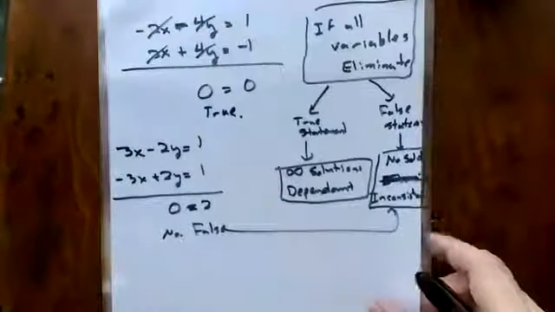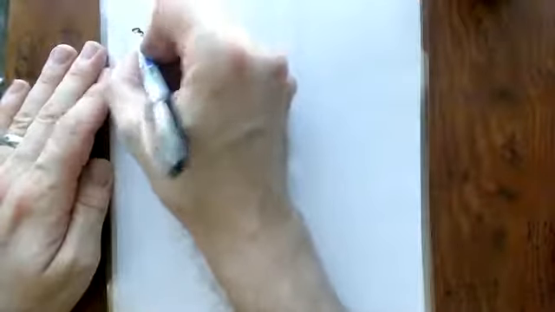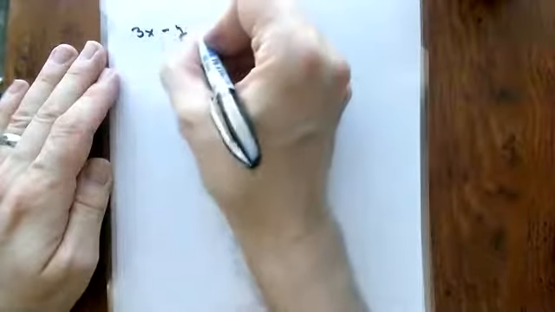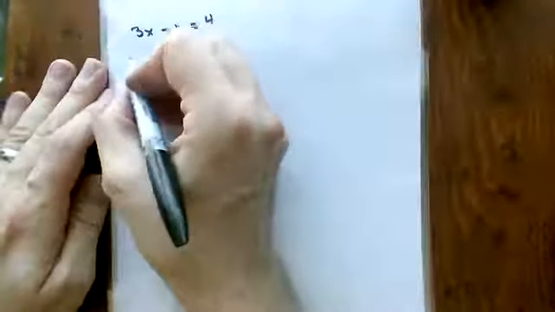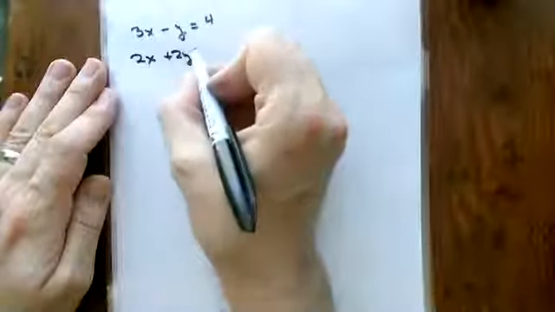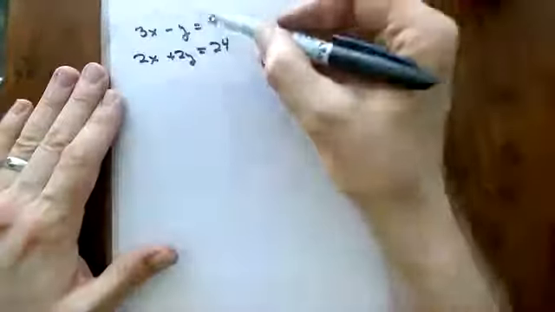Our last thing that you're going to run into is some cases where before you even get started, you're going to need to do some work on your system. Say I've got something like 3x minus y is equal to 4, and 2x plus 2y is equal to 24. Well, if I were to add these, none of my variables will eliminate.